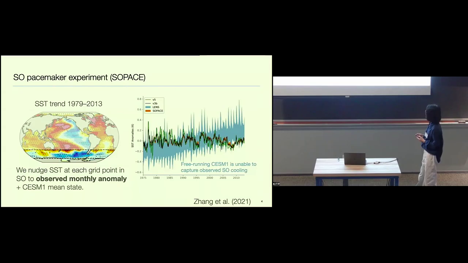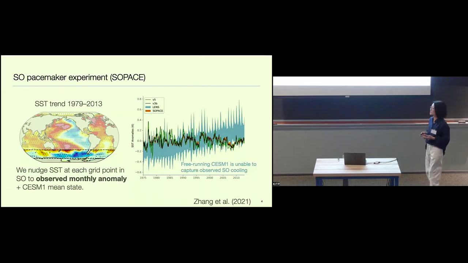If we look at the SST time series from the Southern Ocean, that's shown on the right. The blue shading is showing the free-running CESM1 simulations. This is a 40-member ensemble, and you can see a pretty big spread, but they all seem to show a warming trend that is very different from what the observations show.